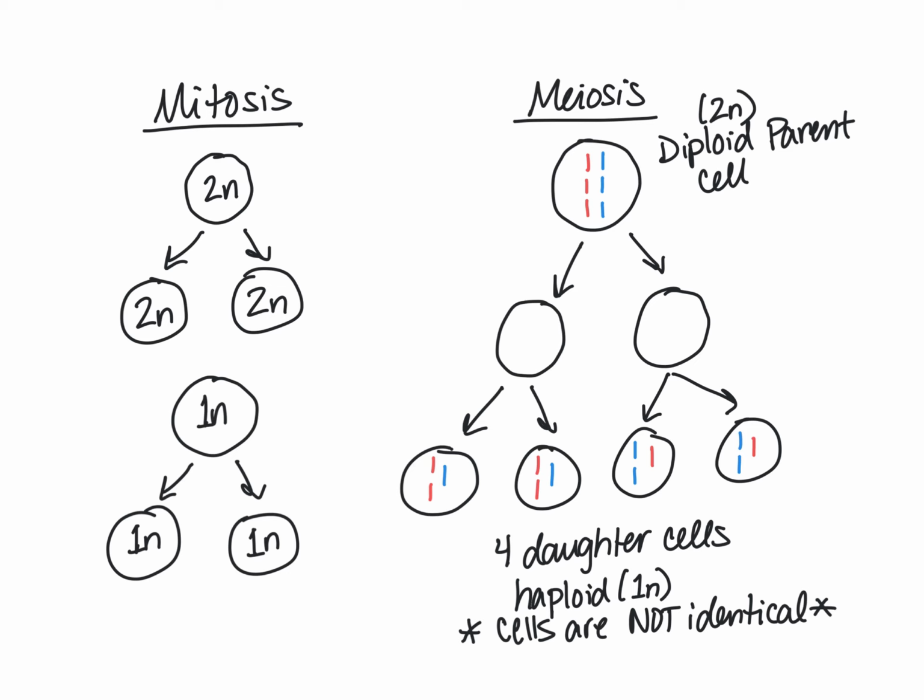And this is the only option: you have to start out with a diploid parent cell, and you have to end with haploid daughter cells. Whereas in mitosis, you can start with diploid and end with diploid, or start with haploid and end with haploid. Whatever the parent cell is, the daughter cells have to have that same ploidy.